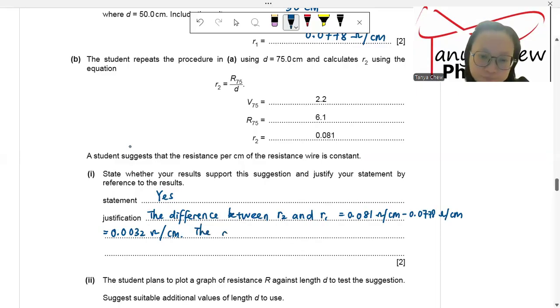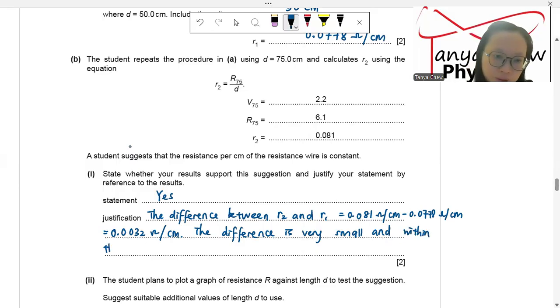And to me, the difference is very small and within the limit of experimental accuracy.